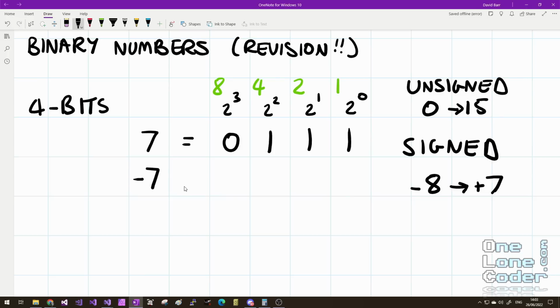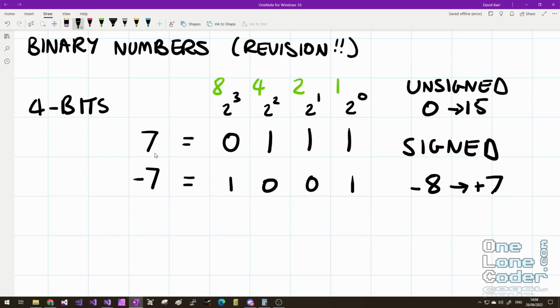Well, I need to take the 2's complement of 7, and the 2's complement is quite an easy calculation. Firstly, we invert the bits, so 1, 0, 0, 0, and then we add 1, giving us 1, 0, 0, 1.